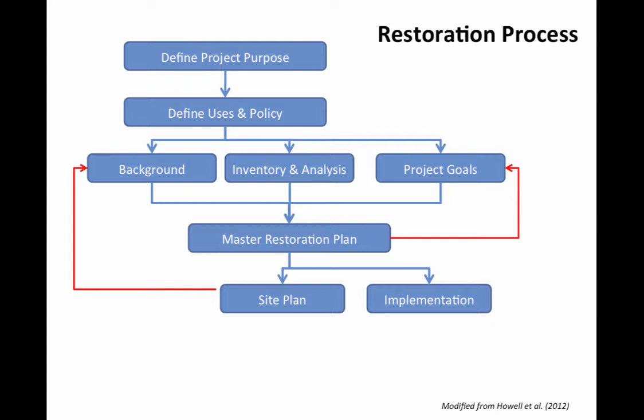Okay, and so all of the aspects of the implementation part of this restoration plan really are going to be developed kind of in this sequential step. And you'll see that there's a lot of this that may go back and forth.